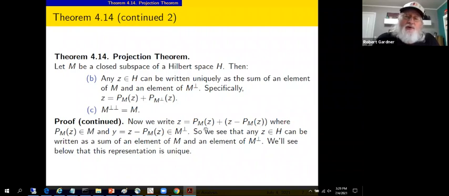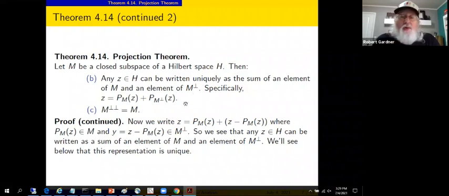So we've got the projection of Z onto M. That's an element of capital M, by the way we define projections. And Y, that is Z minus the projection onto M of Z, we showed on the previous slide is in M perp. So Z was arbitrary. It can be written as a sum of an element of M and an element of M perp. Part B says every vector in H can be written uniquely as a sum of an element of M and an element of M perp.